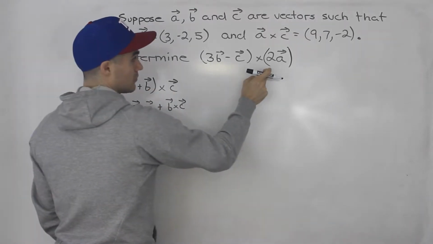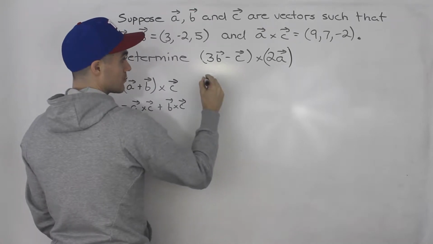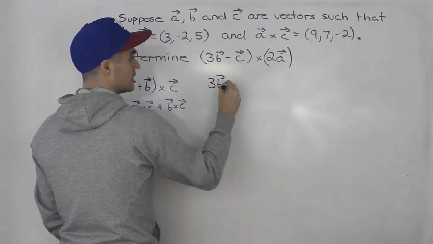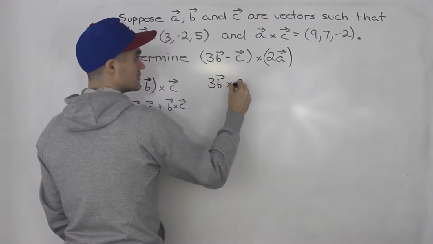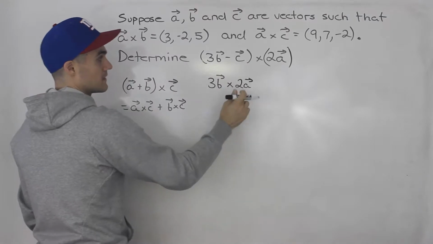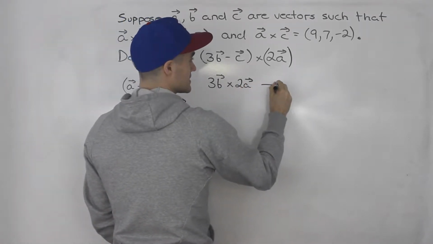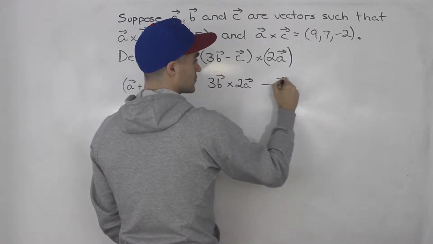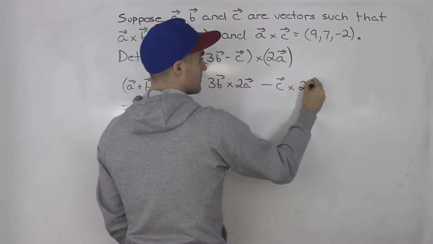Same thing here, but we're going to distribute the 2A inside the bracket. So we can rewrite this as the cross product between 3B and 2A, minus the cross product between C and 2A.